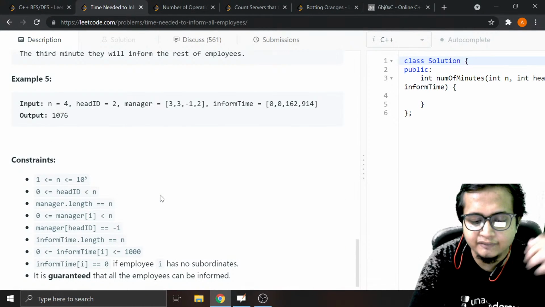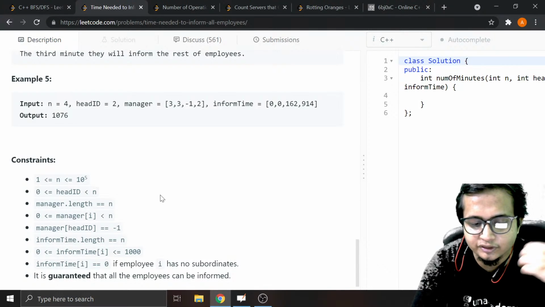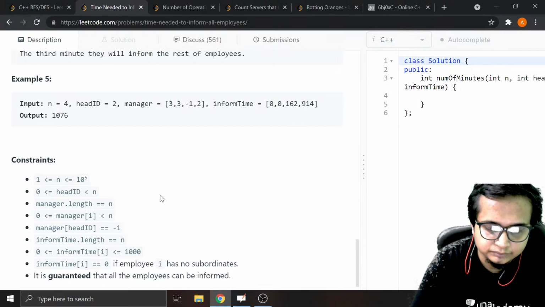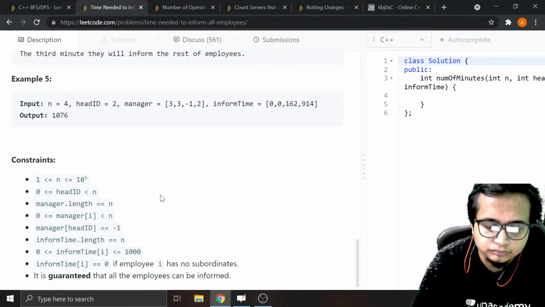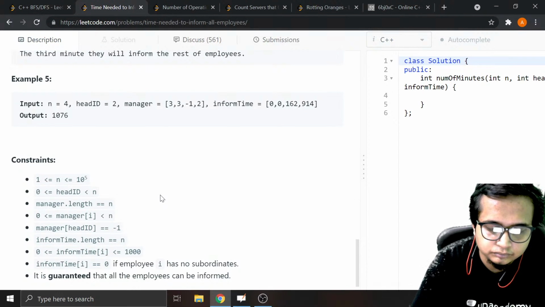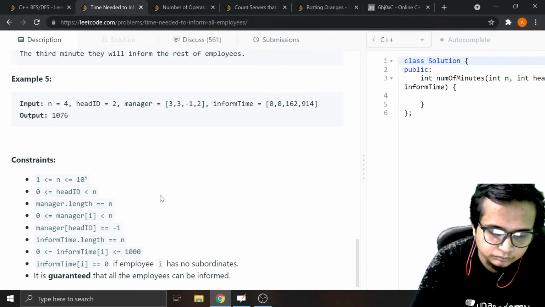We always try to think whether we can do it using DFS first, since the DFS code is shorter to write. To track maximum time at each level. Yeah, correct.